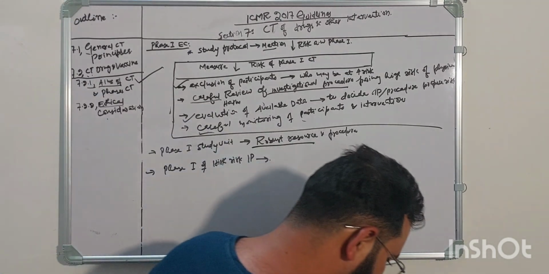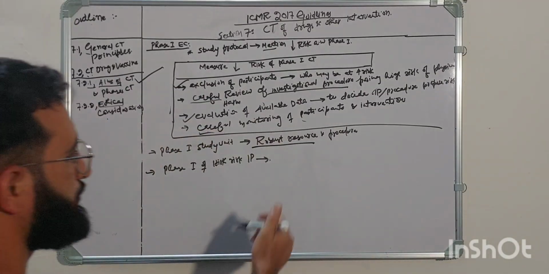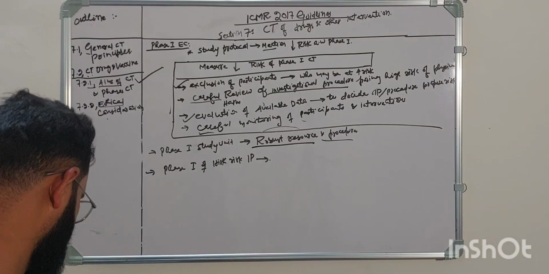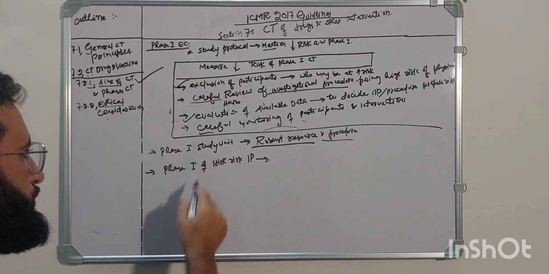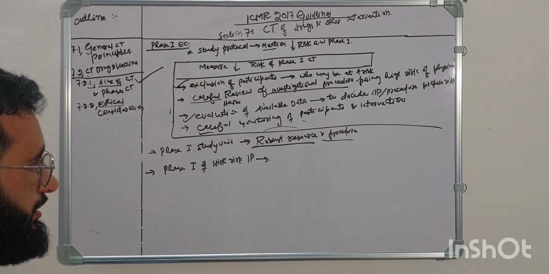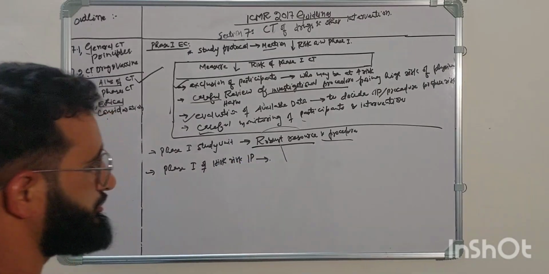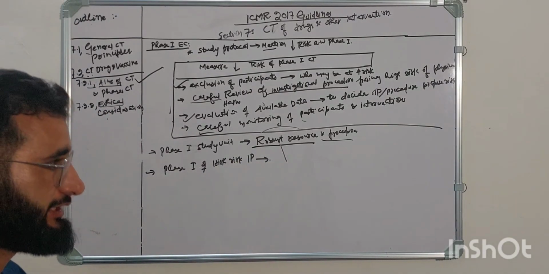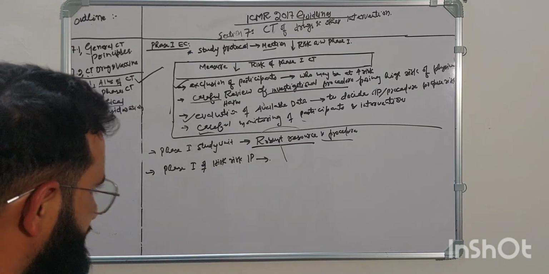And then they have also mentioned the phase 1 study unit. It should be robust. It should have robust resources and procedures. While the phase 1 clinical trial is going on, that unit should have robust resources and procedures for immediate resuscitation and maintenance of basic life support.